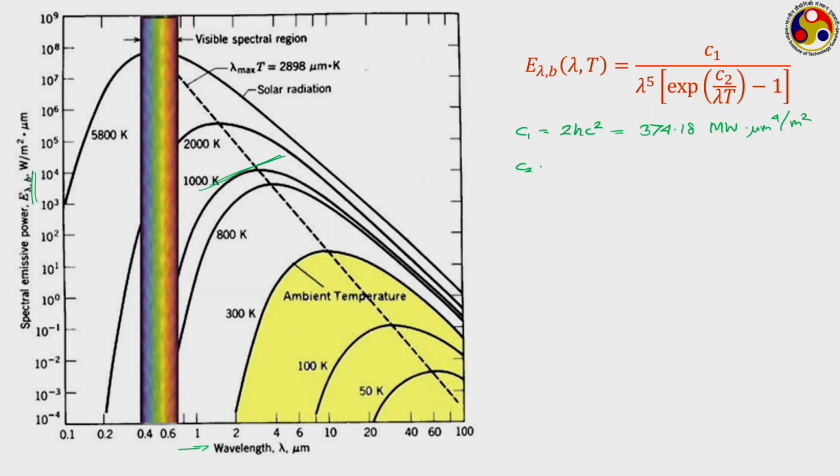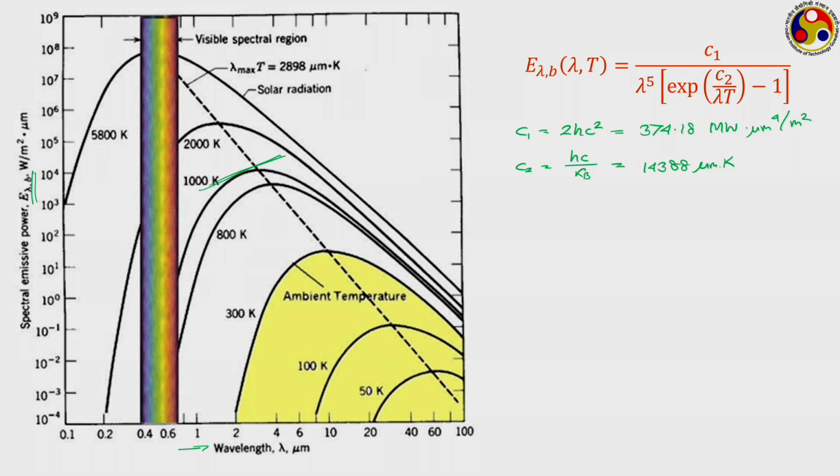Small c refers to the velocity of light in vacuum, and C2 is hc by kb, where again h and c are respectively Planck constant and the velocity of light in vacuum, and kb is the Boltzmann constant, and the value of C2 is 14388 micrometer Kelvin. Be careful, here we are writing this unit micrometer instead of meters, because wavelengths are always very small, often in the range of micrometers.